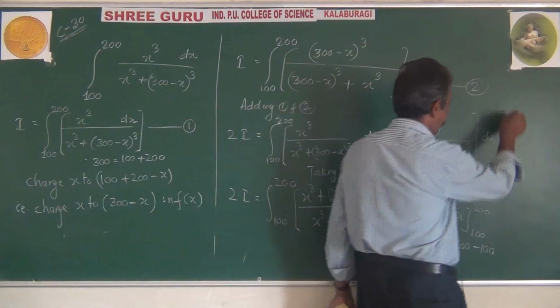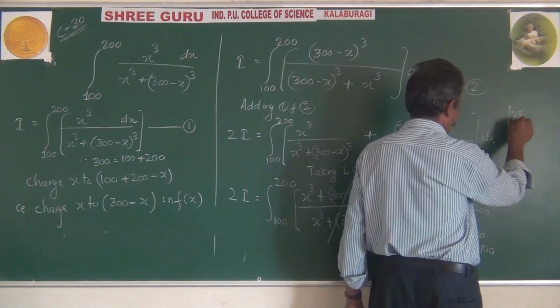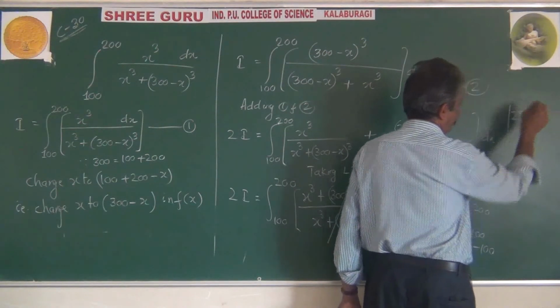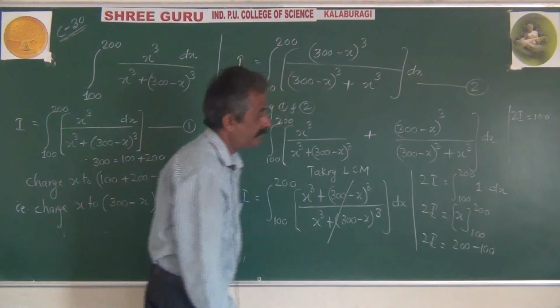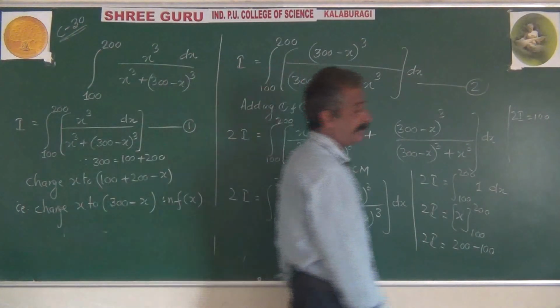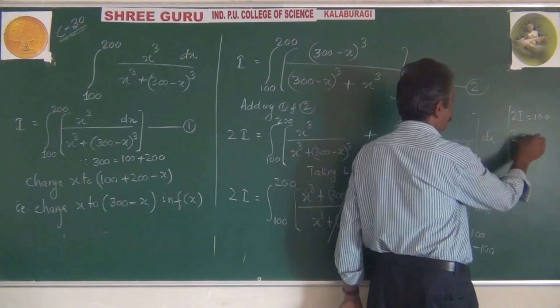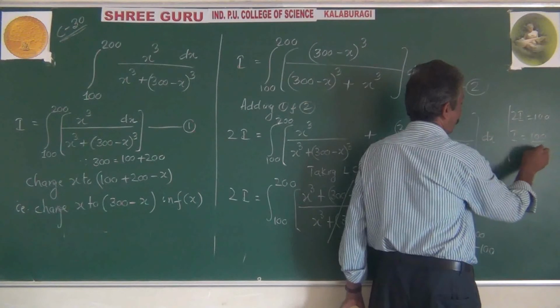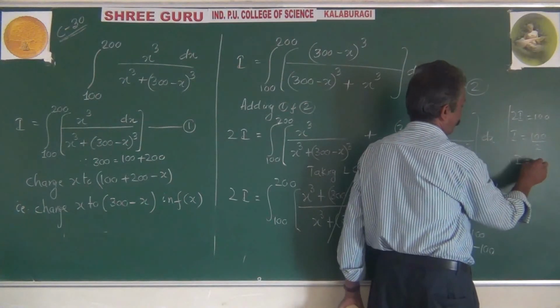So 2I is equal to how much? 100. Since 200 minus 100 is 100, I becomes 100 divided by 2, or I becomes 50.